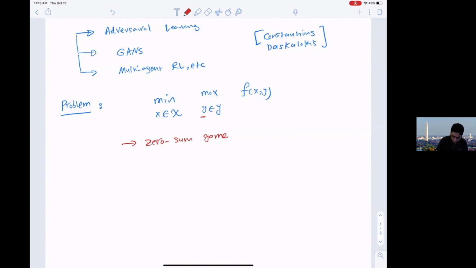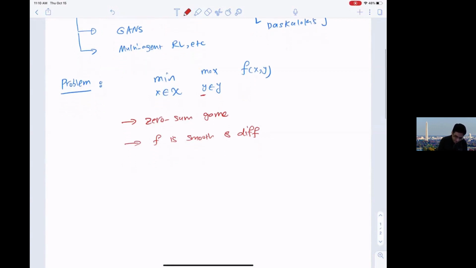And in general, x and y can live in a high-dimensional space. One assumption that I'm going to make throughout today's lecture is that f is smooth and continuously differentiable. So f is a nice function. Not sure if it is convex-concave at this point, but we are going to make this general assumption.